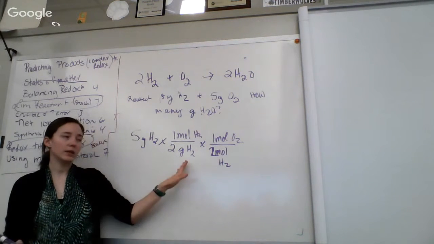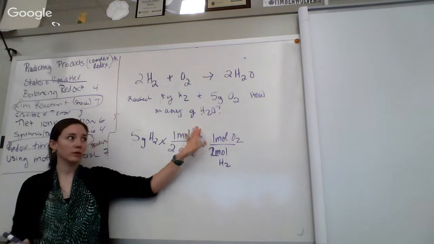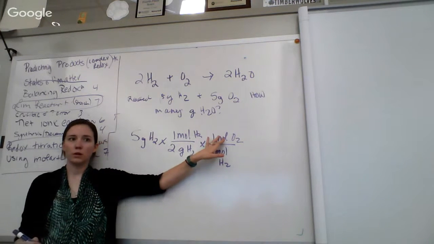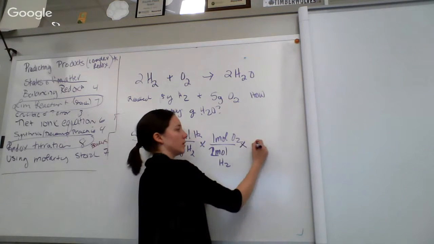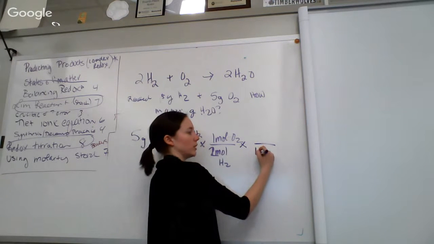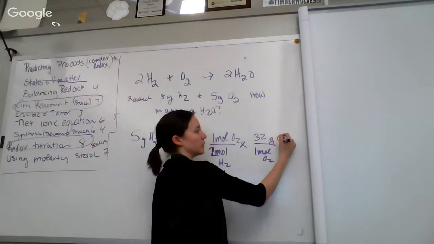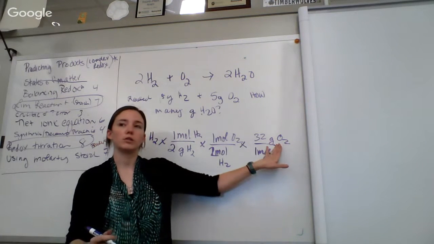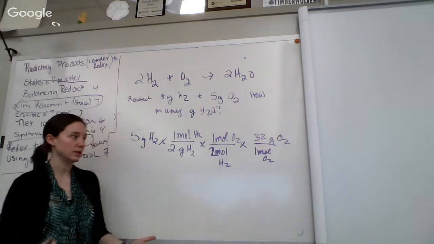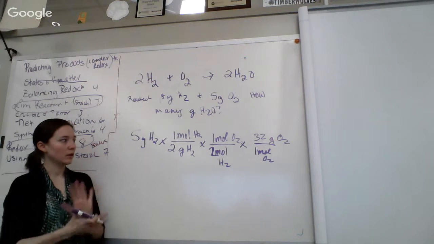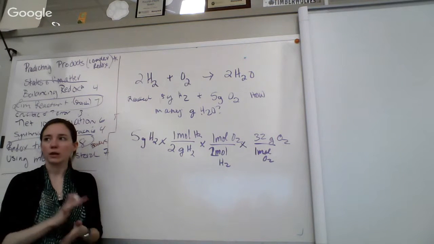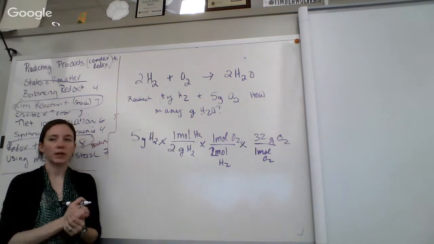Have I lost anybody at these points? I went from grams to moles and then moles to moles. Okay, and then I'm going to go from 1 mole of oxygen to 32 grams of oxygen, because remember, oxygen is diatomic, each one's 16, and that's what I get. So let's calculate that real quick and tell me what we get.